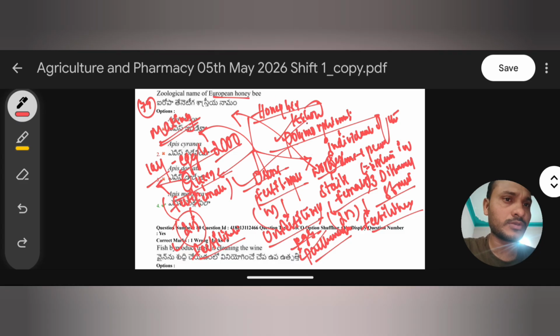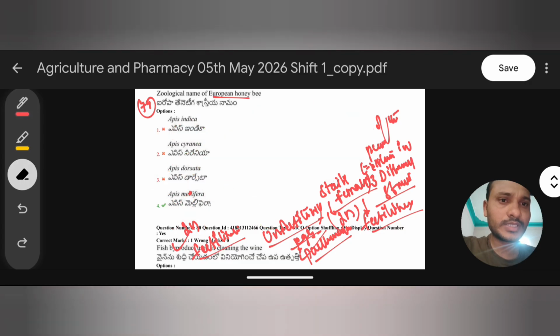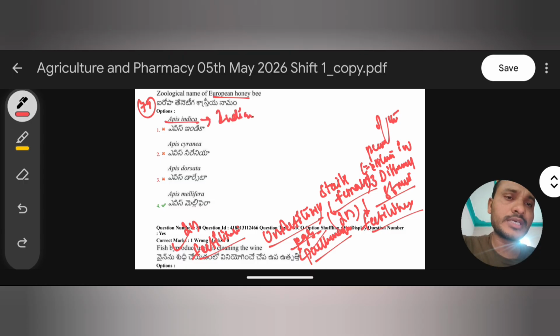Like that, a single species has different forms, hence we have three types of honeybee organisms. But worldwide we have different types of honeybees. For example, here we give four important species. Apis indica, generally the Indian honeybee.